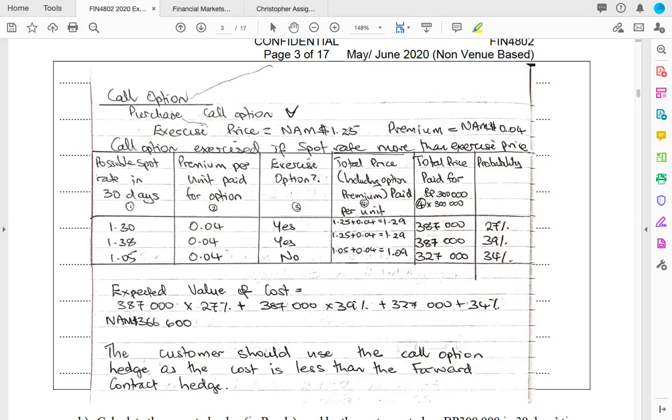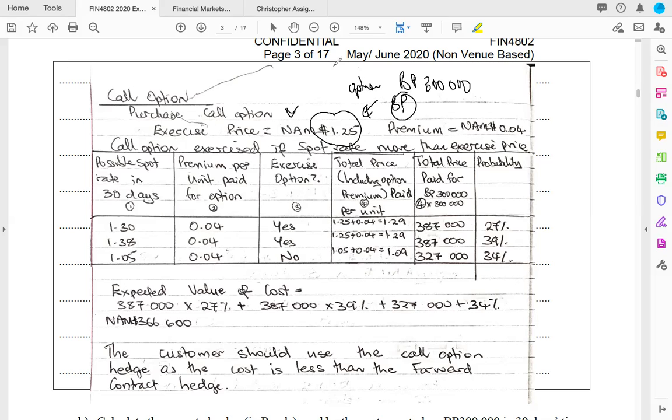And this call option would give you the option to purchase the Botswana Pula at an agreed exchange rate. In this case, the agreed exchange rate would be 1.25 Namibian dollars per Botswana Pula.